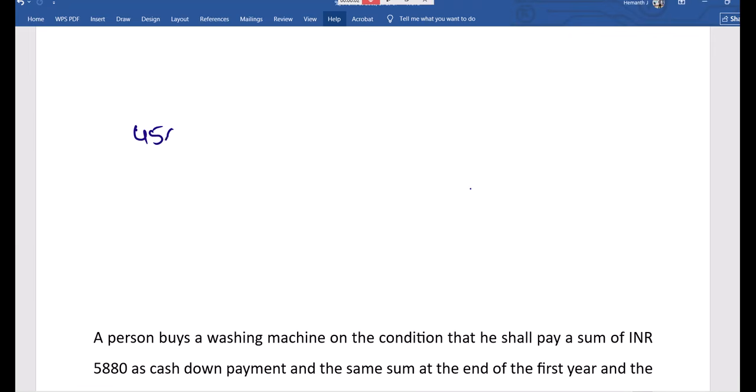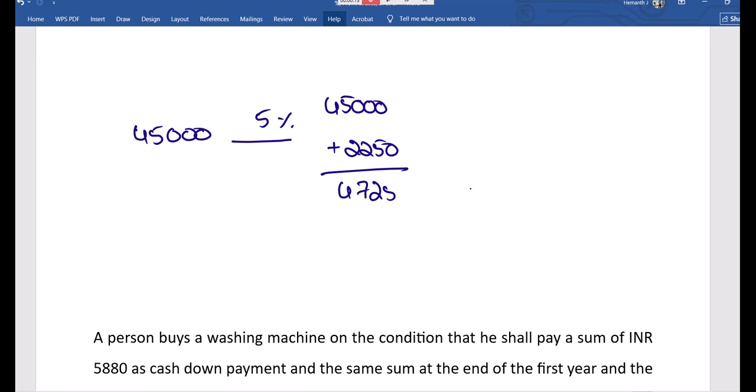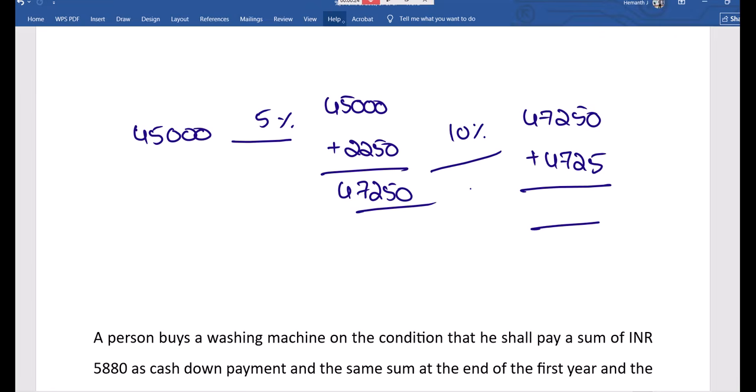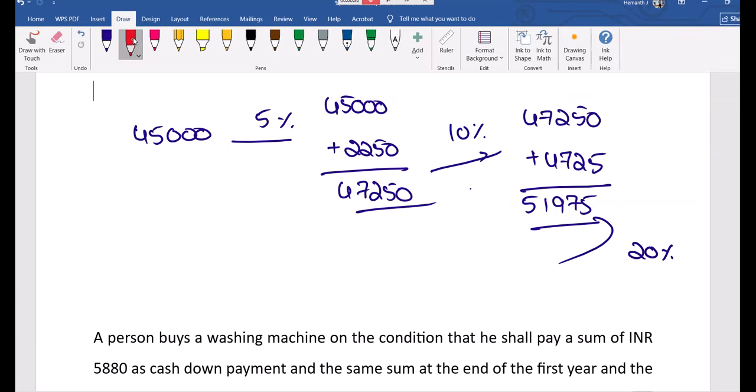Try this. 45,000 at 5% is 45,000 plus 2,250, which is 47,250. Then 10% for this is 47,250 plus 4,725, which is 51,975. For the 20%, you can divide by 5.